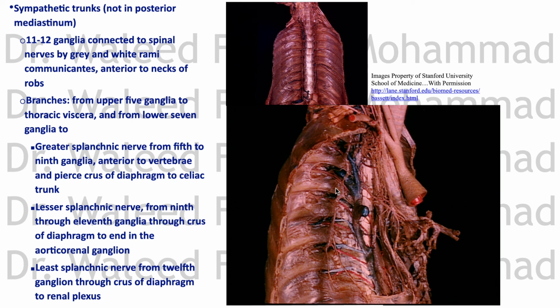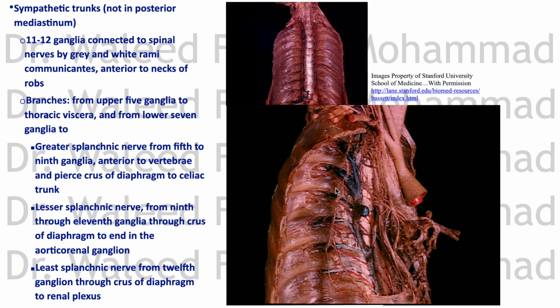So we know that the sympathetic outflow sources are from the T1 to L2 spinal cord segments. This means that only the thoracic spinal nerves and the upper two lumbar nerves will have white rami communicantes. But all the spinal nerves from the beginning till the end of the spinal cord will have gray rami communicantes.